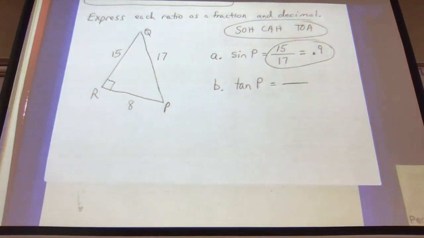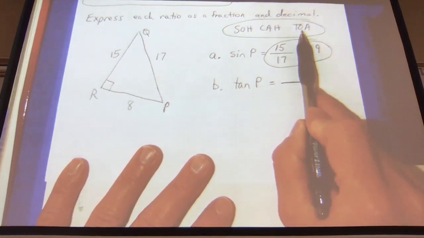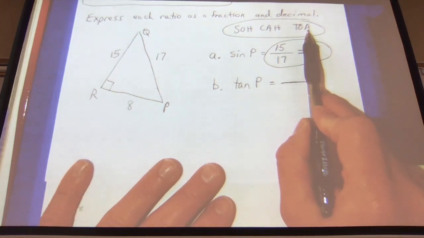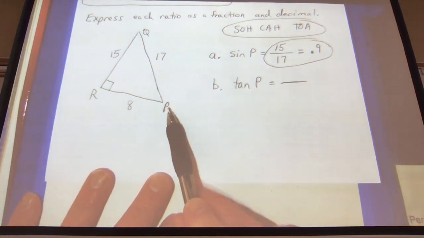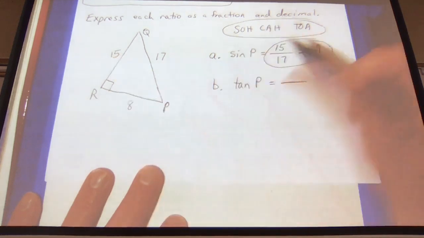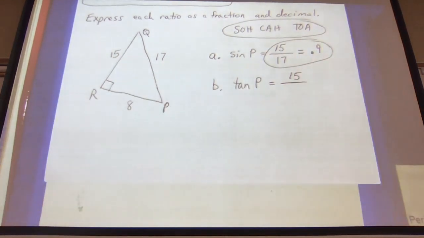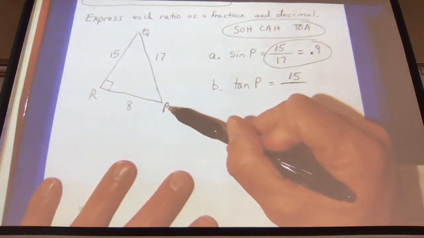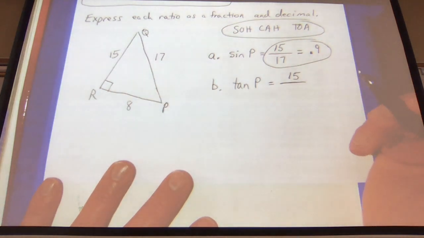To set up your fraction for tangent, you want to remember your SOH CAH TOA. TOA, tangent, stands for opposite over adjacent. We're going from angle P. So I come down here to angle P. I want opposite over adjacent. The opposite side from angle P is 15. And the adjacent side is going to be next to it. From angle P, I have two sides next to it, 8 and 17. Which one's going to be the adjacent?